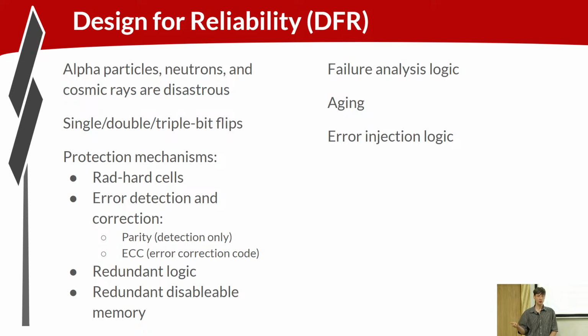If you flip a random bit in random logic, sometimes it manifests in downstream logic, and sometimes it just fades away depending on the nature of the logic. But the point here is memories are particularly susceptible. They're also particularly regular, so it's easier to come up with ways of protecting the memory structures.